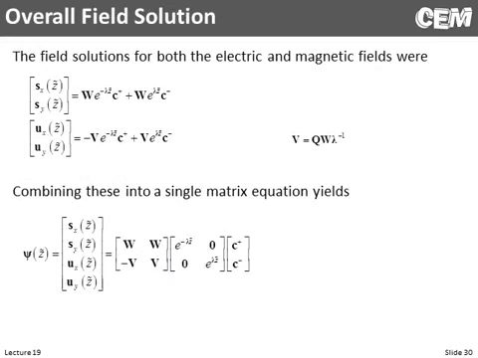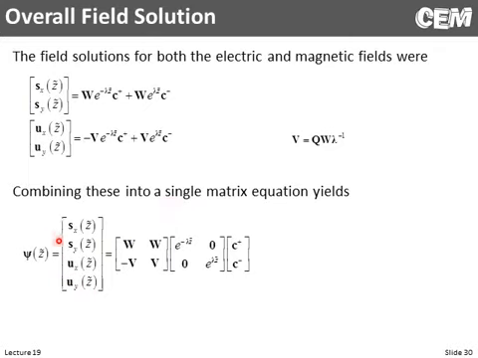So here's our overall field solution. We have our S's written in terms of the W's and the exponentials, and we have our U's written in terms of the V's and our exponentials. And we can calculate V from W and Q and lambda this way. We can pull all this together into a single matrix equation, which should look very familiar.